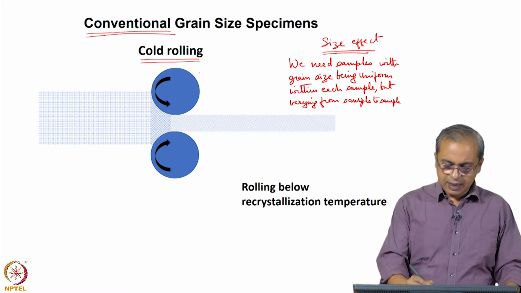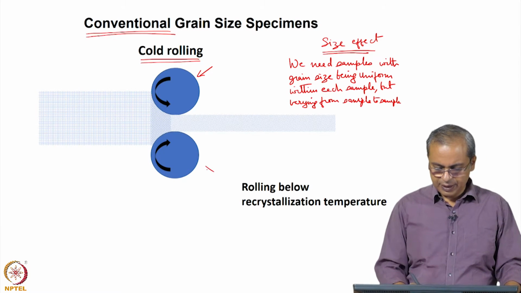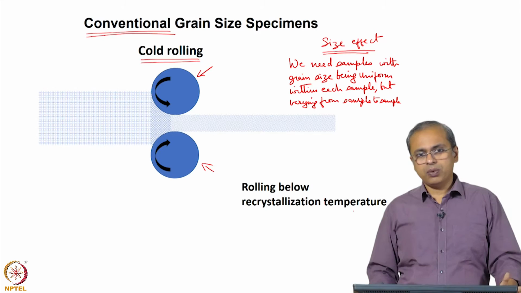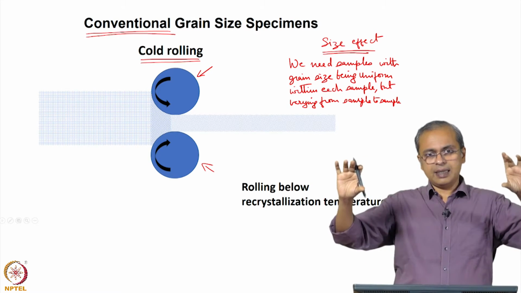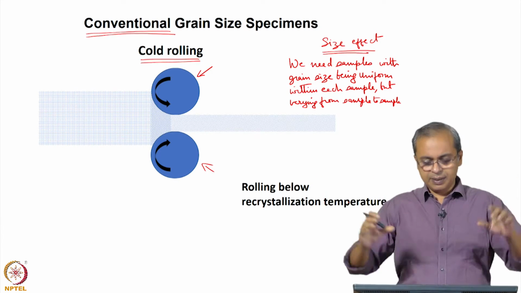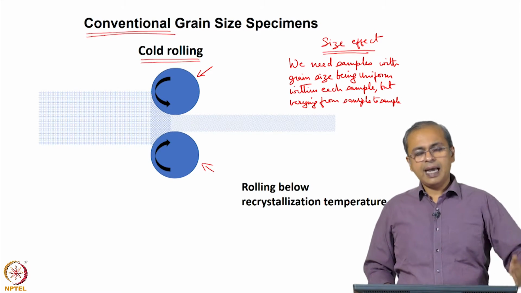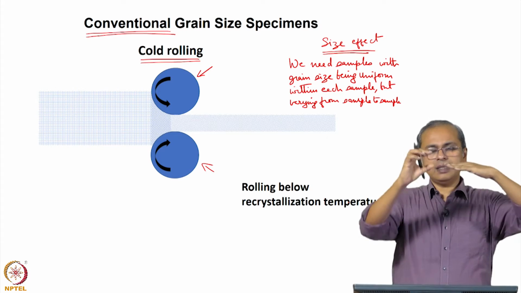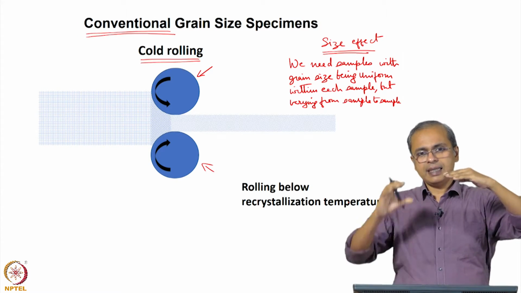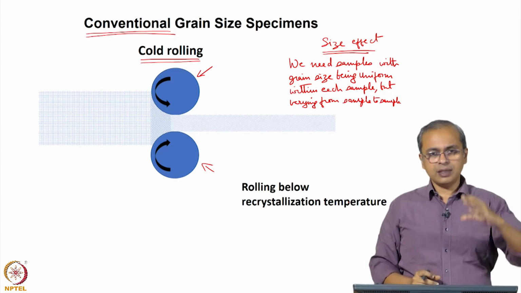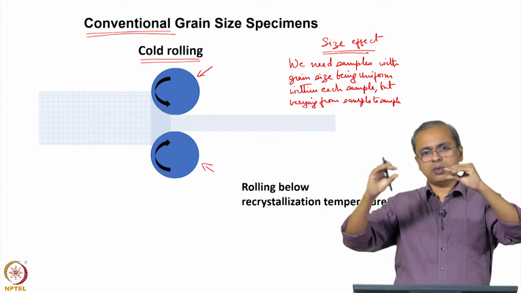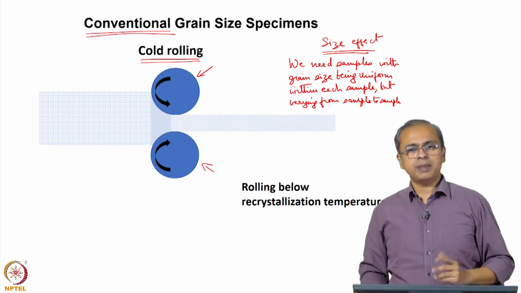You have two rolls here, one here and one here. They are cylindrical in shape. So, you are seeing from one side of the cylinder, so you are seeing the circular cross section, and then you feed the sheet. There is a cylinder, and then you feed the sheet, and then based on the gap between those cylinders, you squeeze the sheet and it comes out as a thinner sheet. So, that is basically what you are doing.